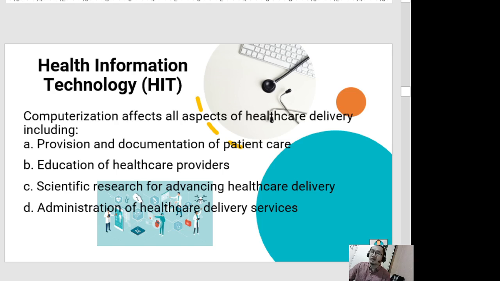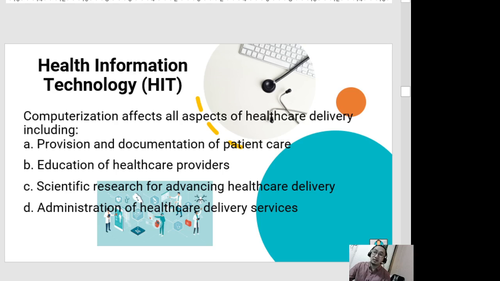Health information technology is also the computerization of the delivery of care, including provision and documentation of patient care, education of healthcare providers, scientific research for advancing healthcare delivery, and administration of healthcare delivery services.